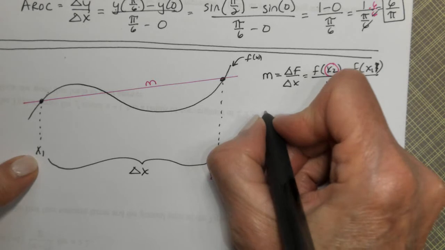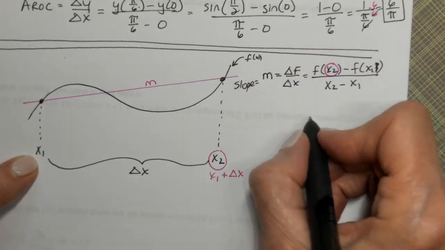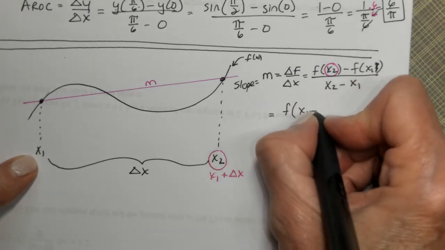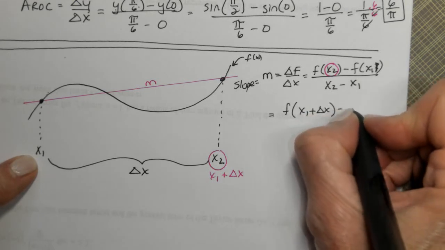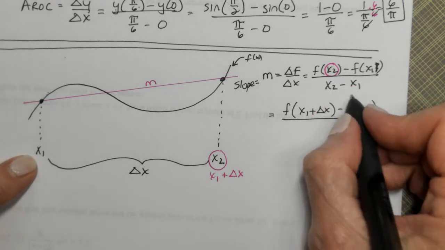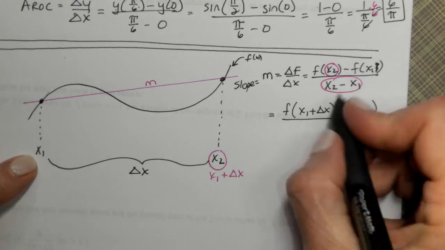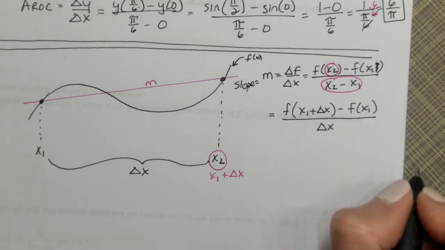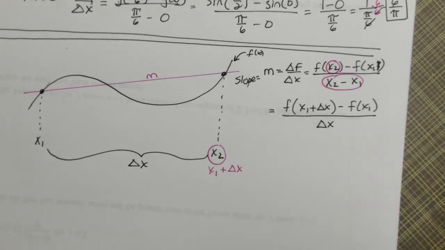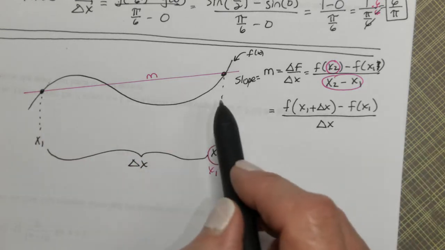So this is the slope. The slope is now going to be f of x sub 1 plus change in x minus f of x sub 1, all over delta x. That's just another way to write our average rate of change, our slope between these 2 points, right?